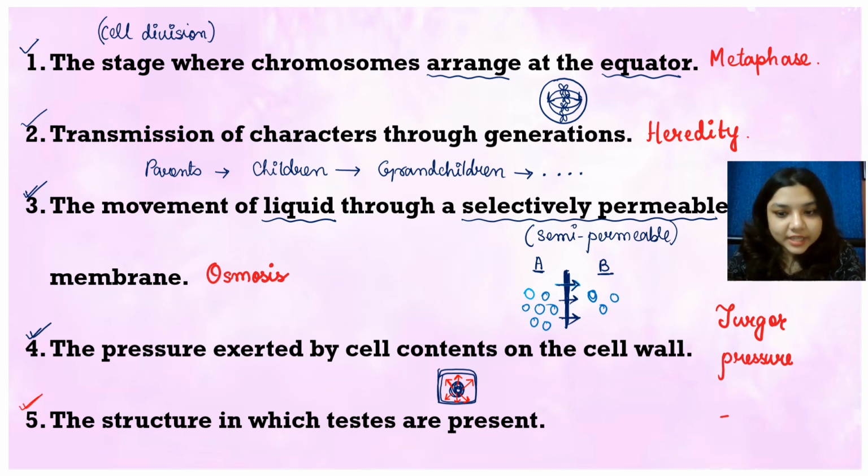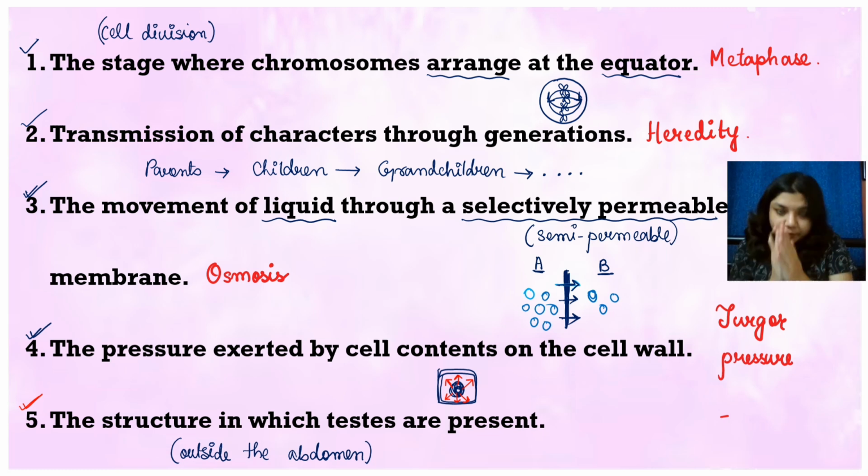Fifth one, we'll see the structure in which the testes are present. We all know that in the male body, the testes are present outside the abdomen, right? It is not present inside the abdomen. Why is it present outside the abdomen?